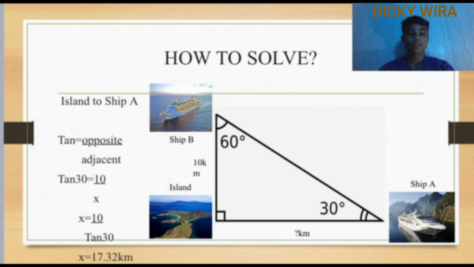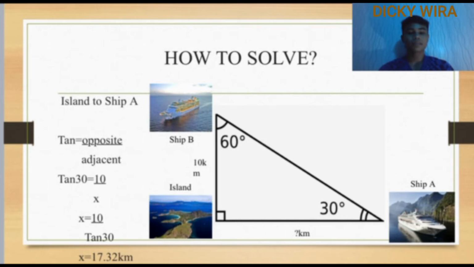After that, let us place the values given in the question. Now the calculation is tan 30 equals 10 over x.